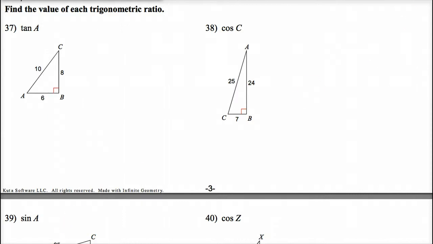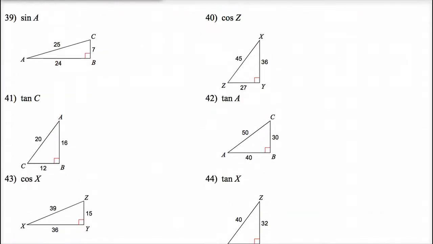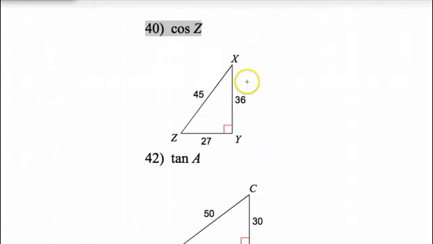Let's kind of go through here. That was a basic one. Let's see if we can scroll down to cosine z. This one right there. I'll zoom in on it to give us a nice big picture.